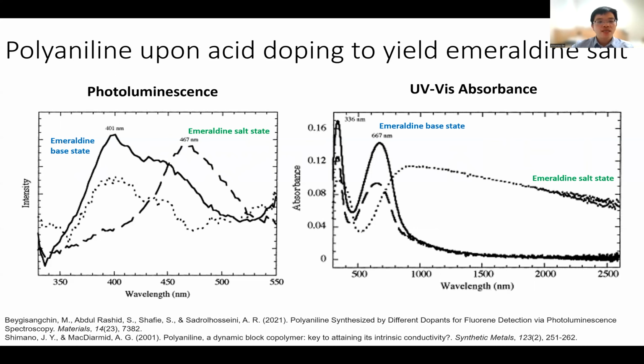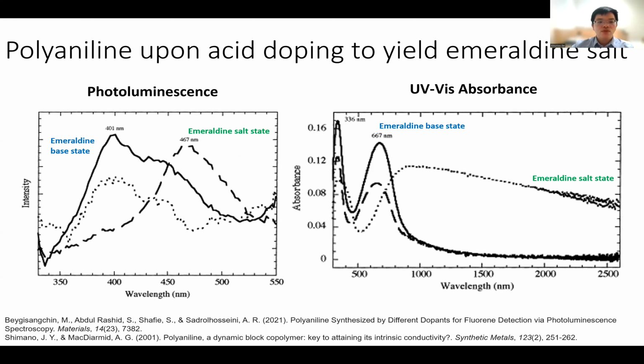Now, why is there a red shift in the photoluminescence spectra upon doping with acid? Since the photoluminescence spectrum is related to the pi-to-pi star absorbance transition, a change in the energy gap will result in a change in the photoluminescence spectrum.